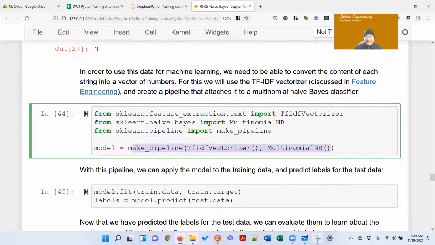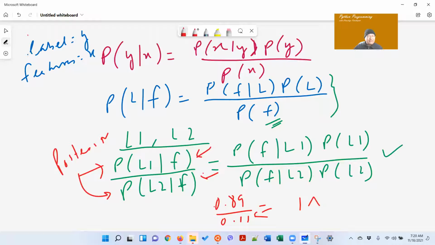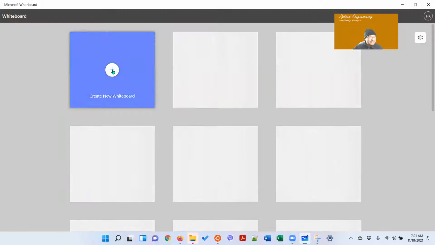Let me quickly show you how that pipeline works.